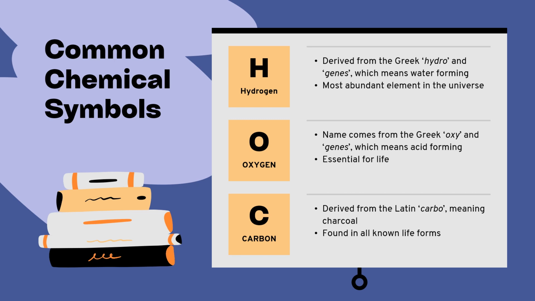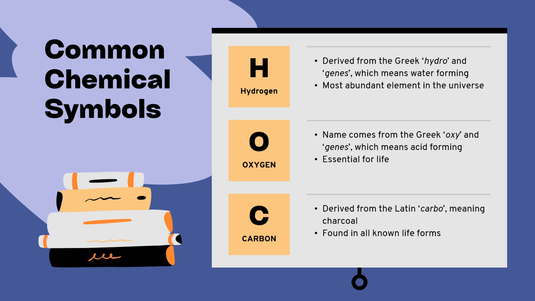Now let's see some common chemical symbols. Hydrogen is derived from the Greek words hydro and genes, which means water forming, and it is the most abundant element in the universe. Next is oxygen. Its name comes from the Greek oxy and genes, which means acid forming.